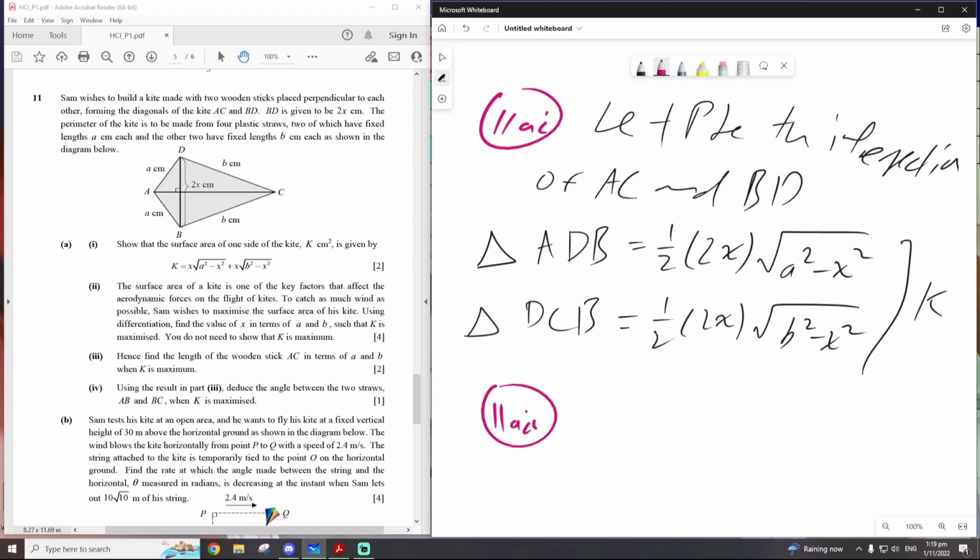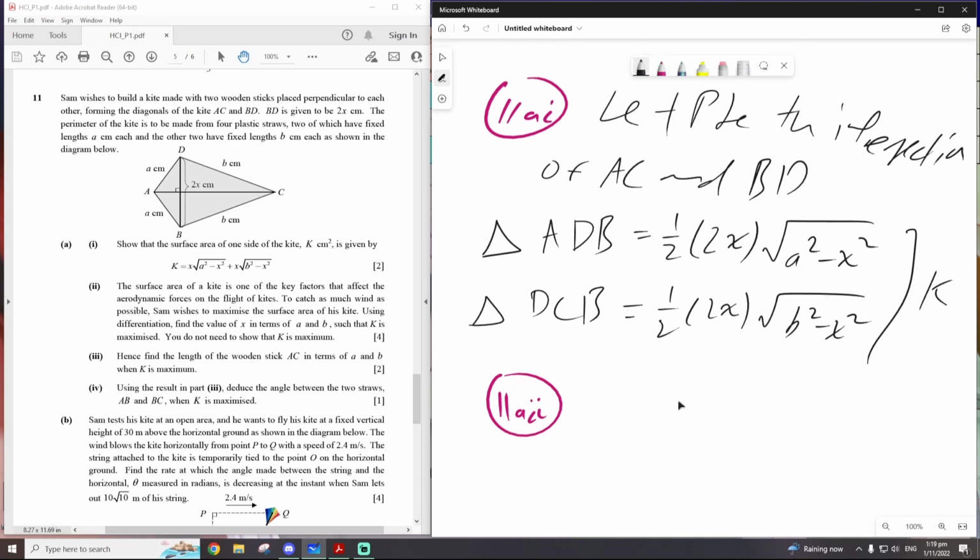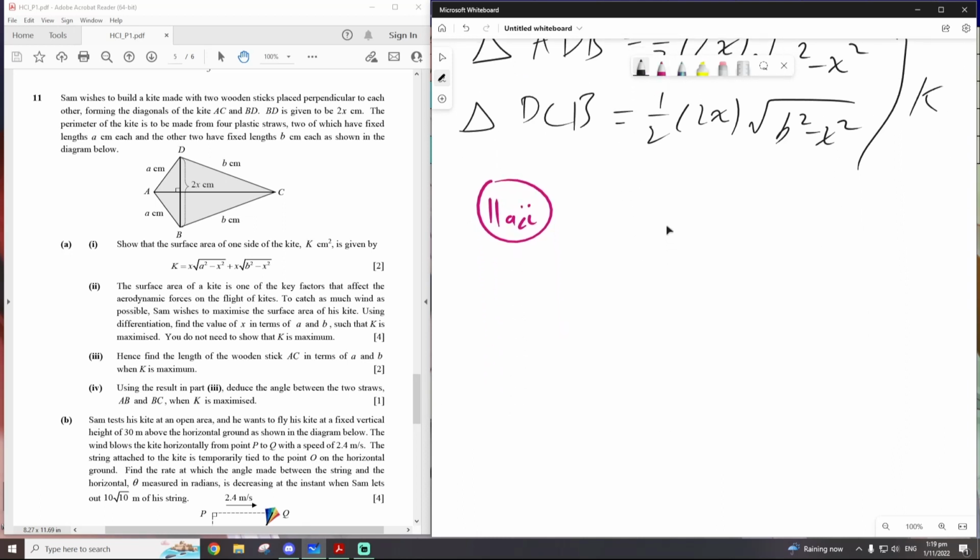11a part 2. Okay, so we want to maximize k. So the working for this is a bit... Here's how I'm going to do it.